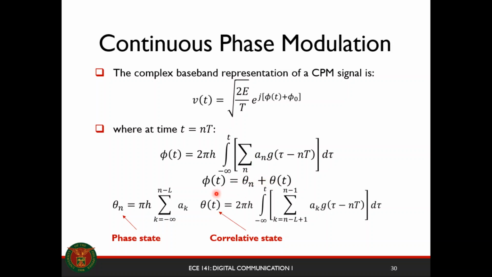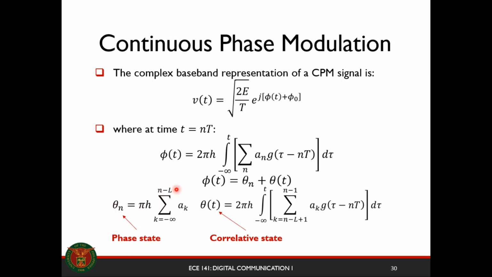This theta n is the accumulation of all the previous symbols. Okay? If the memory is L, these are the previous symbols that have already finished the ramping up, or the integration, of their pulses. That's why the maximum value of the summation here is n minus L.